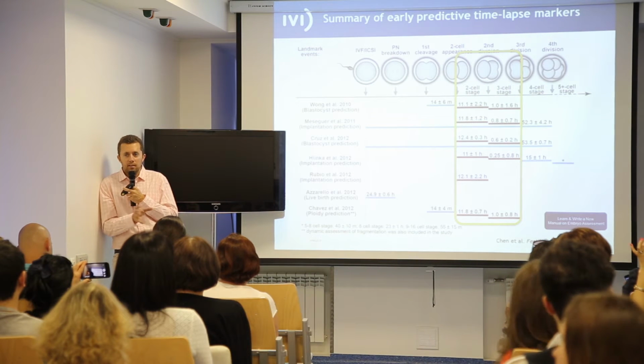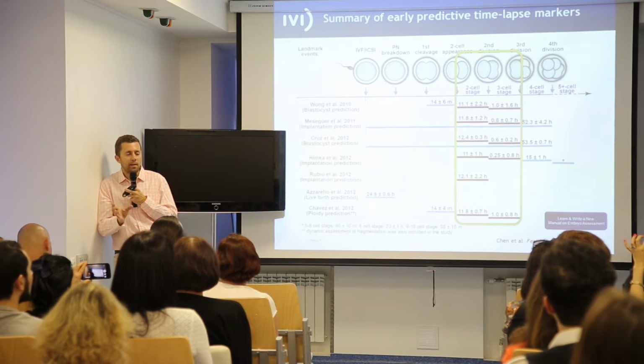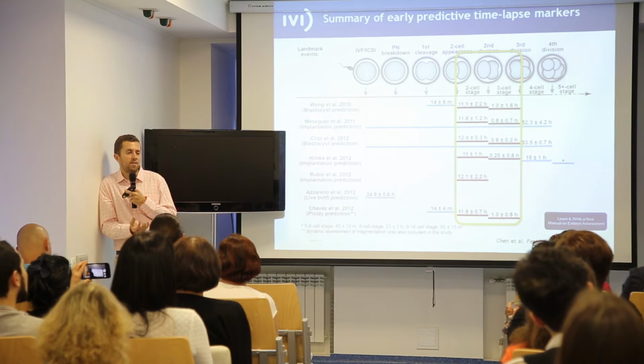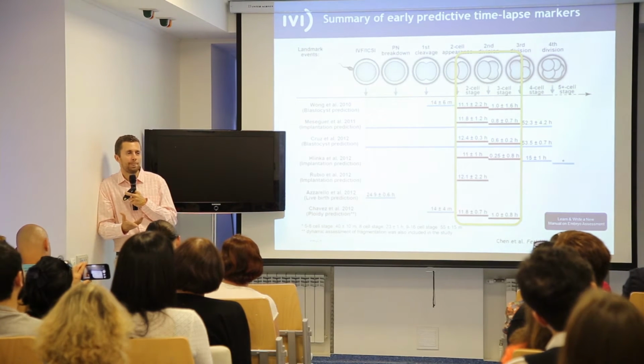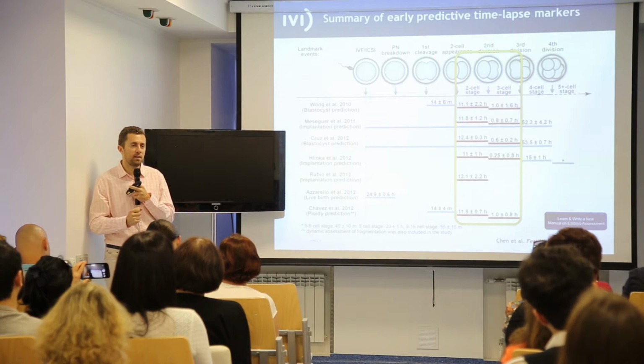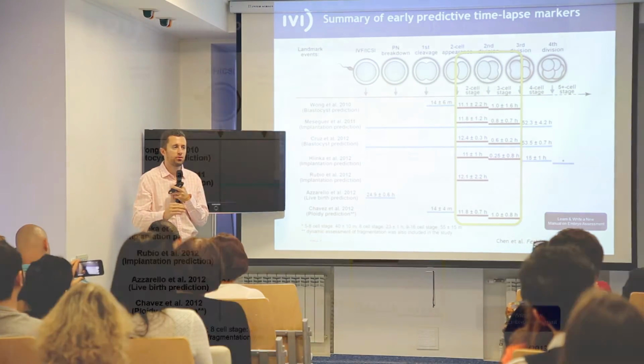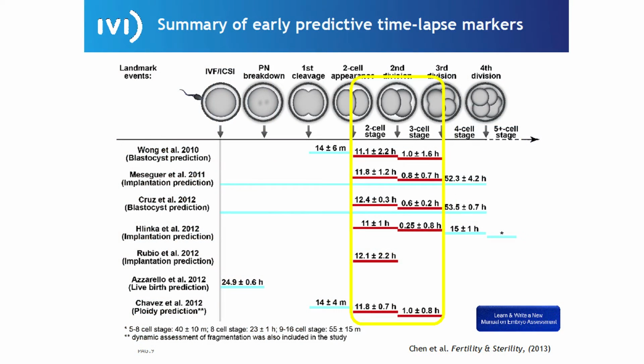So it looks like this normal distribution, this normal value, is something standardized and very evident because many publications reach the same point. So let's consider those parameters quite objective and trustable, because different groups got very similar results.